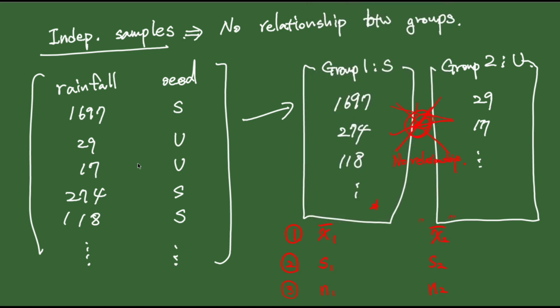What we want to test is this: mu1 is the mean of group 1, and mu2 is the mean of group 2, and we want to test whether these two are the same.